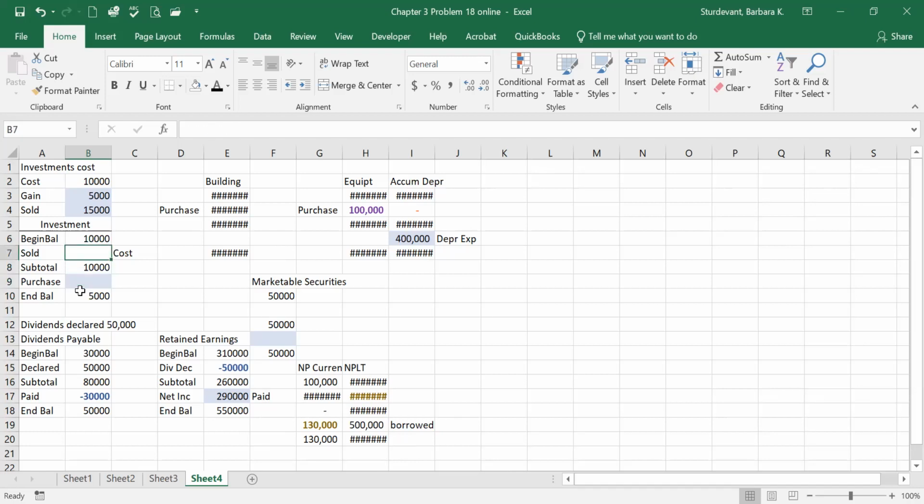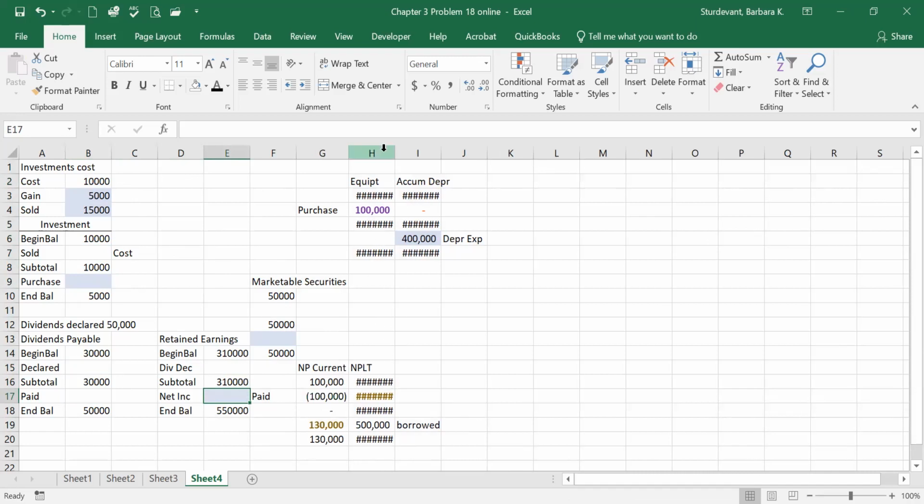So how does the one that we sold affect the account? What do I have to do here based on what happened up here? How does this sale affect this account? By 5,000.